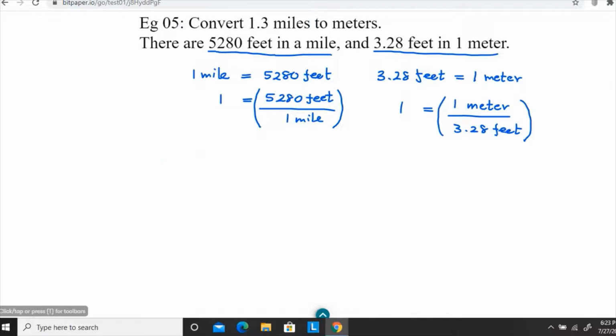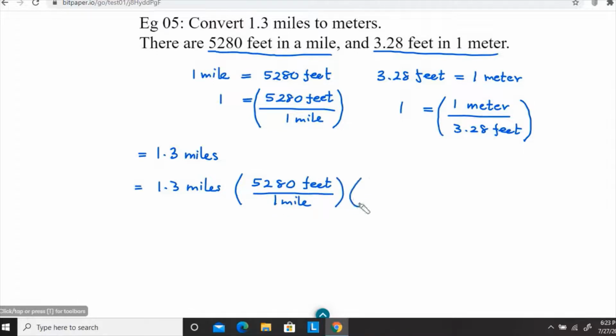So now I need to convert 1.3 miles. And simply what I'm going to do is multiply this by 1. So 1.3 miles times the first conversion factor. That is, I'm converting the miles into feet. That's what I'm doing in this conversion factor, 5,280 feet over 1 mile.